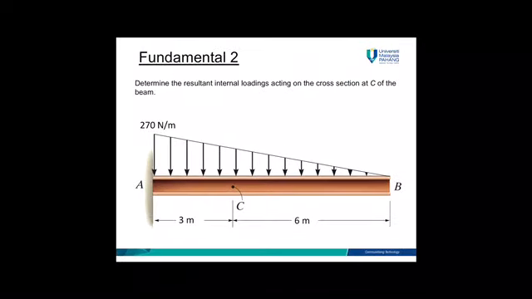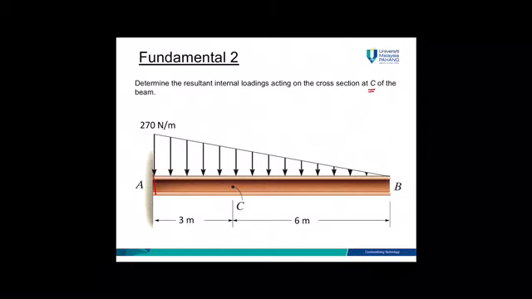Now let's move to the next example, which is the linear distributed load. Determine the resultant internal loadings acting on the cross section at C of the beam. If you can see from the figure, you have a fixed support, this is fixed, and you need to calculate the internal resultant loadings at point C. Okay, this is a linear distributed load.